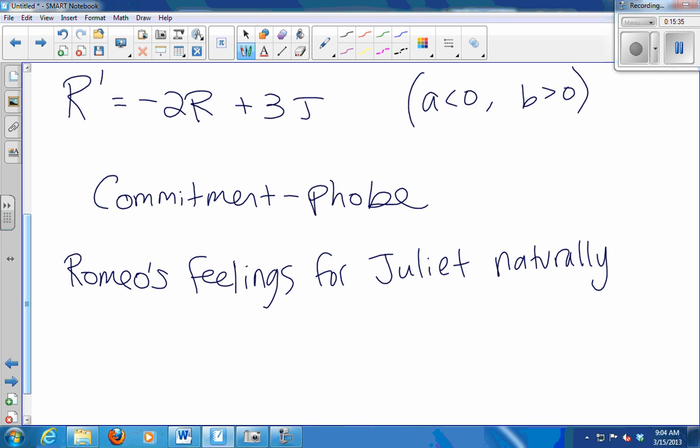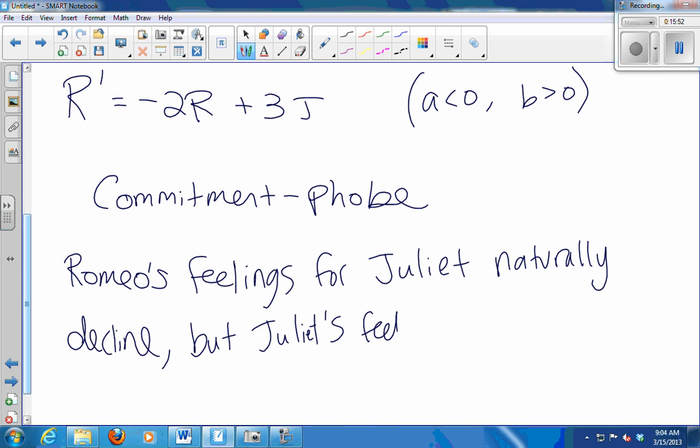True, right, yeah. So they naturally decline, right? Romeo's feelings naturally decline, but Juliet's feelings spur him on, right?